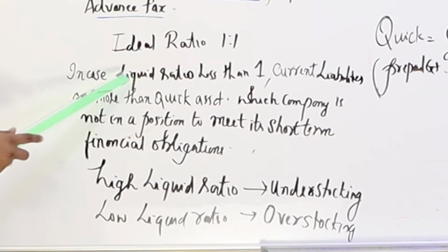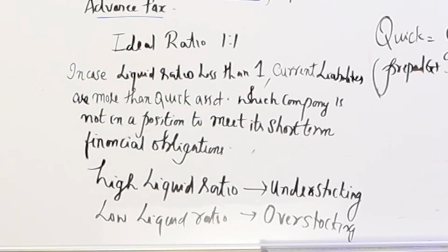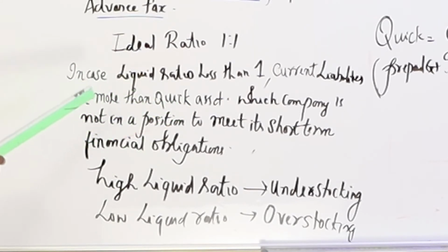In case the liquidity ratio is less than 1, which means current liabilities are more than quick asset, the company is not in a position to meet its short term financial obligations, because current liability, current payable, is more than quick asset.